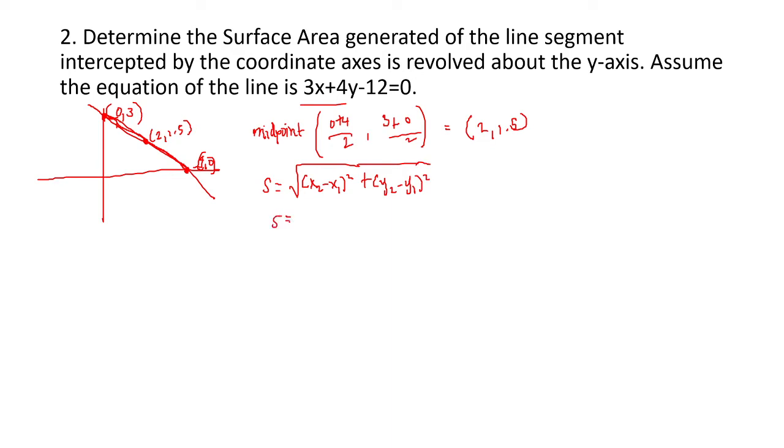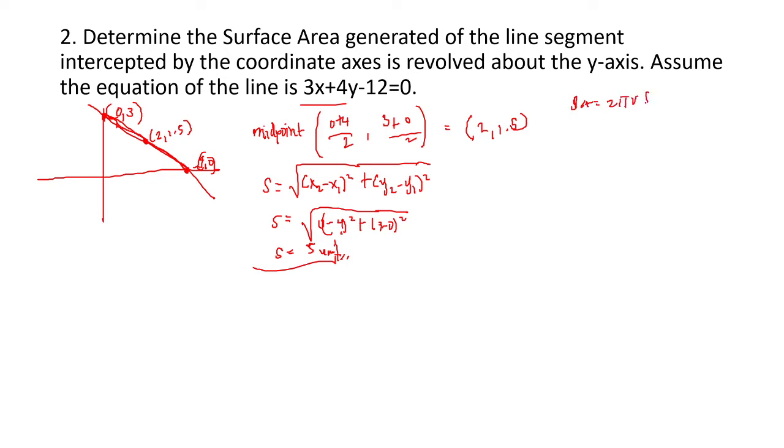So therefore s is equal to the square root of (0 minus 4) squared plus (3 minus 0) squared, which is the square root of 16 plus 9, the square root of 25, that is 5 units.